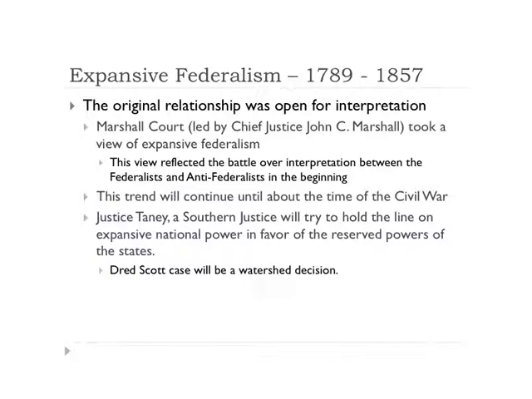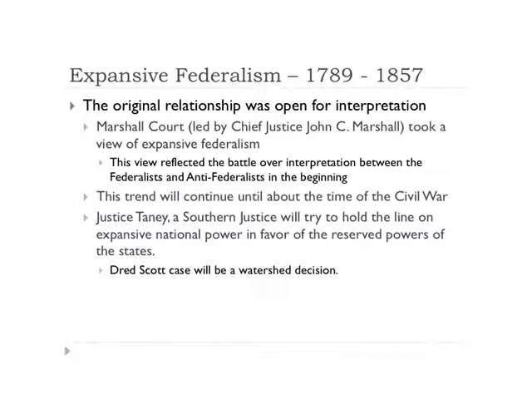This reflected that battle of the Federalists versus the Anti-Federalists, and the Federalists are really going to control things predominantly for quite a while there. This will shift at the point that Marshall dies and Andrew Jackson is able to appoint a new Chief Justice. He, of course, is a Democratic Republican, or the New Democrats.